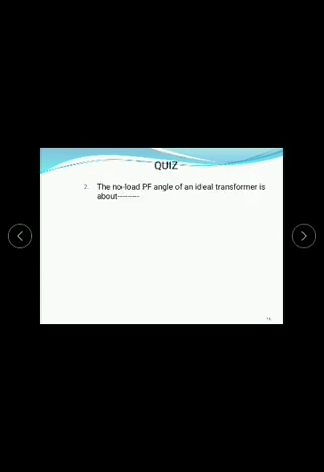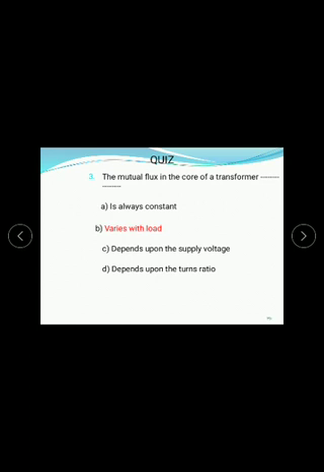The no load power factor angle of a transformer is about 90 degrees. The mutual flux in the core of a transformer is always constant; it does not vary with the load.